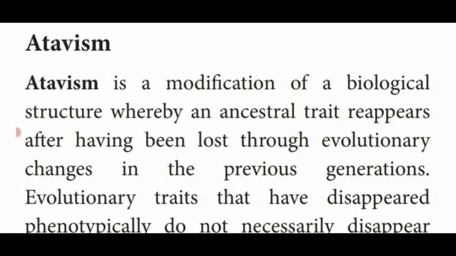So what is atavism? One of the ancestral characters is expressed, that means a character which was lost in the previous generation is expressed in one of the later generations, which proves the evolutionary sequence. That is said to be atavism.